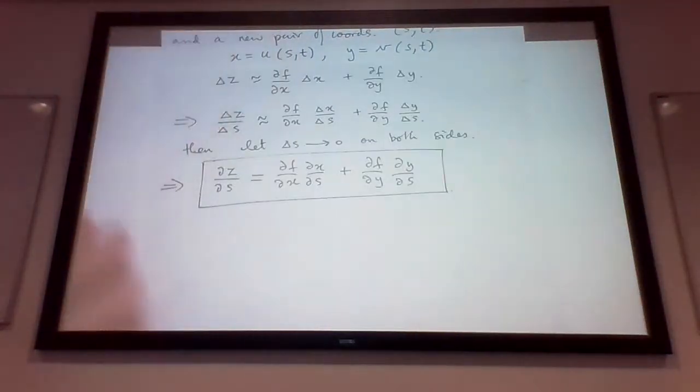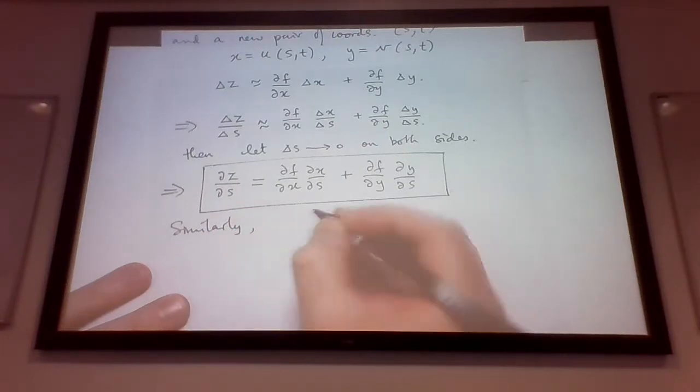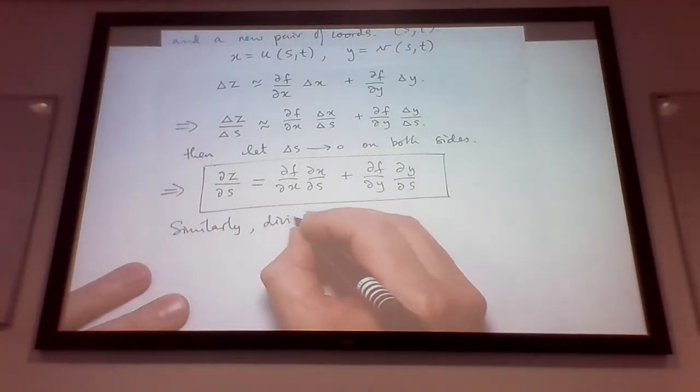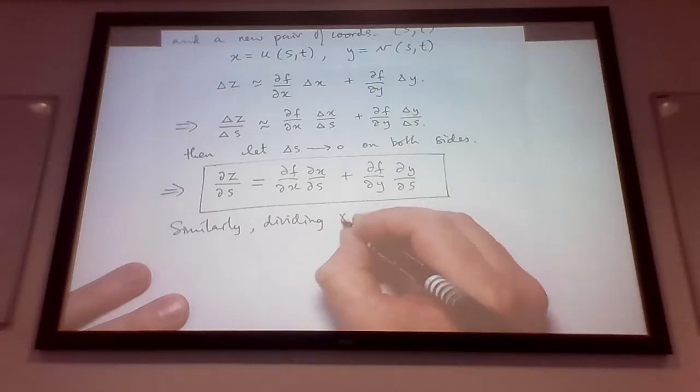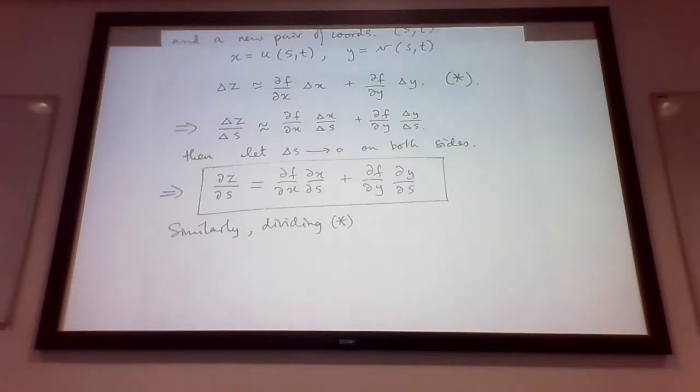And similarly, I'll label that original small increments formula with an asterisk.